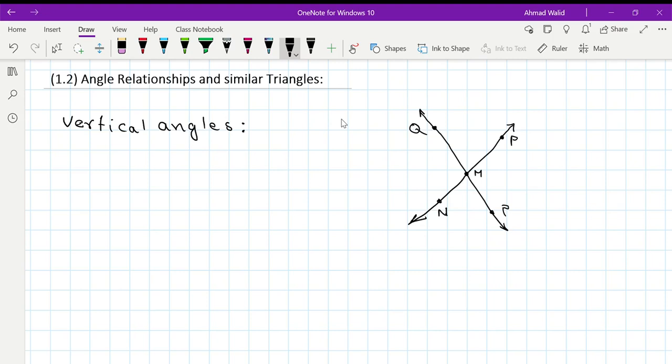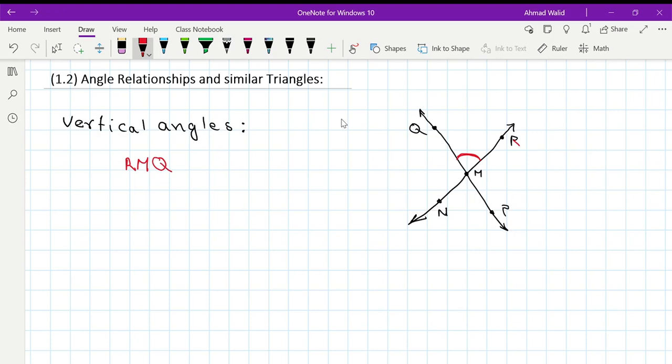You see these two lines, actually they are forming angles. For example, the first angle that I can see is angle RMQ. You see, RMQ is an angle.